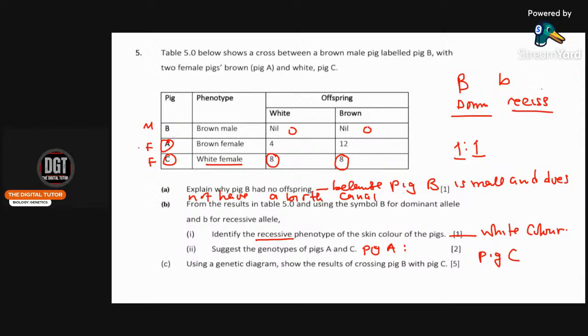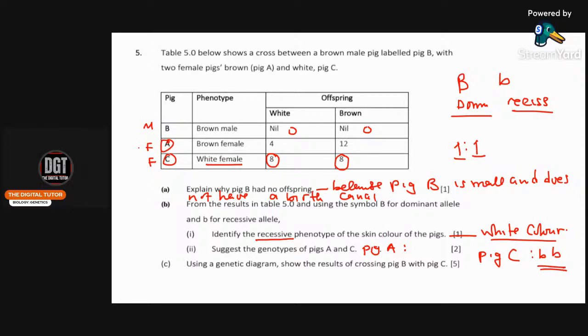And we said the recessive is small letter b. Here we said the recessive phenotype is white. We know that pig C is recessive, and therefore the genotype is bb. So this is the genotype.